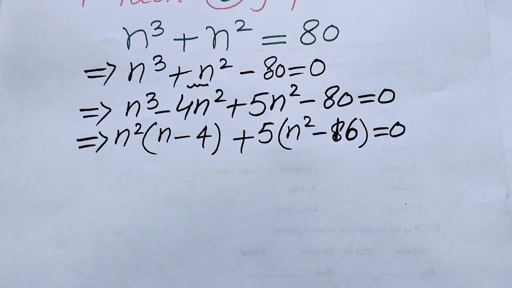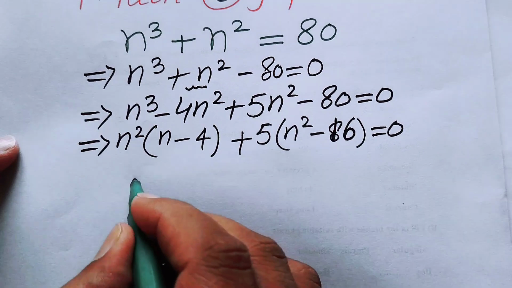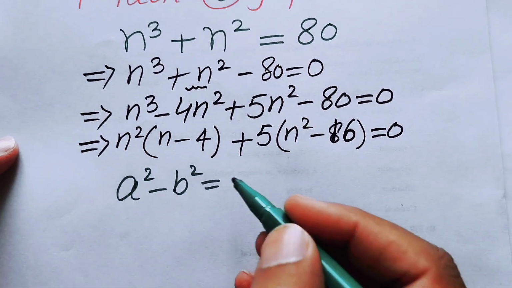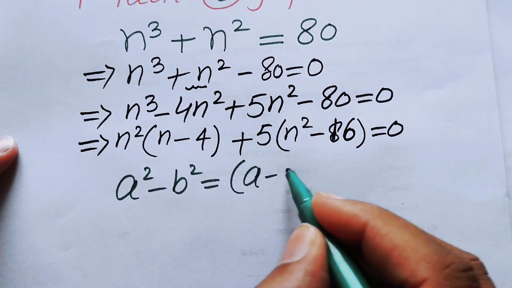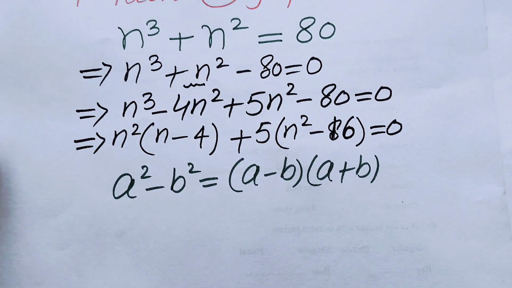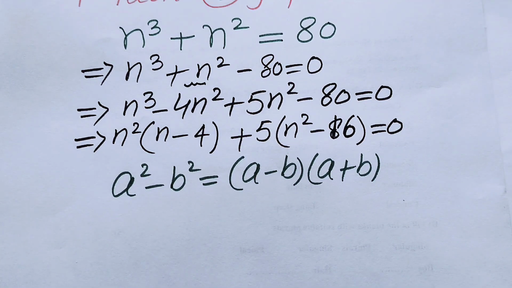After this step we can apply the nice square identity, and you know about this identity. If we have a squared minus b squared, it is equal to a minus b times a plus b. So now we can use this formula here.